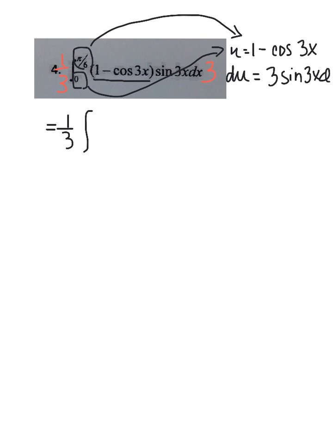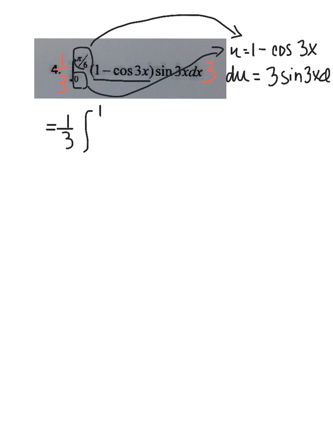All right, so let's see what we have here. If I put pi over 6 here, 3 times pi over 6 is pi over 2. And the cosine of pi over 2, which is the cosine of 90, is 0. And then 1 minus 0 is 1. So we got a 1 there.